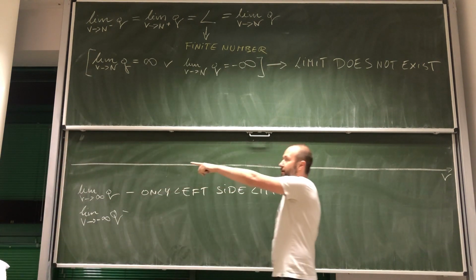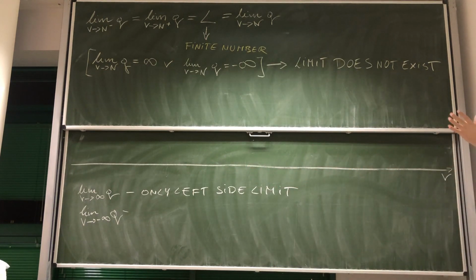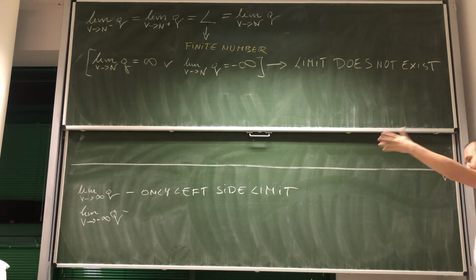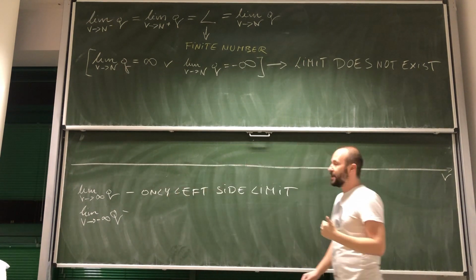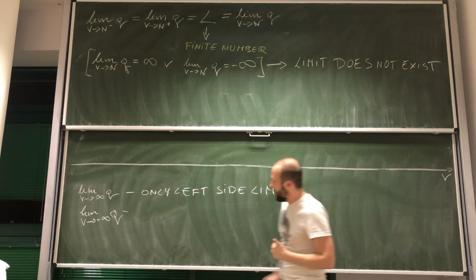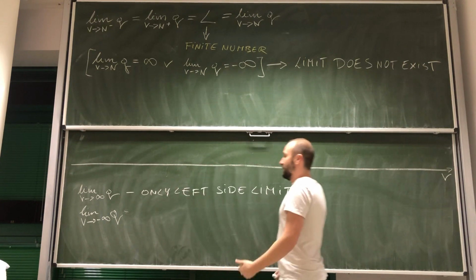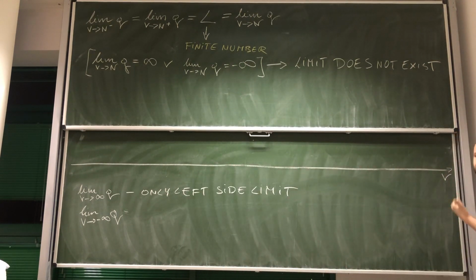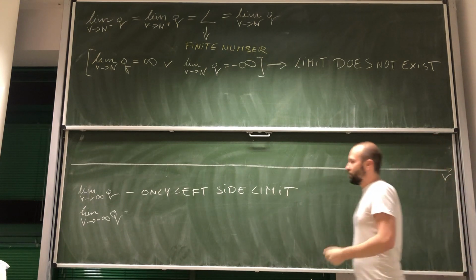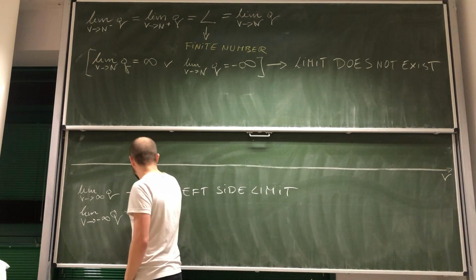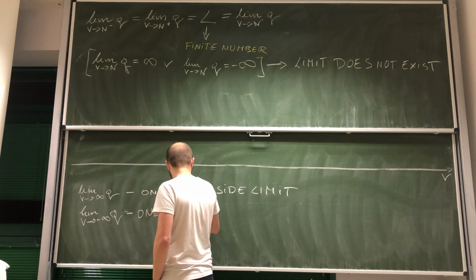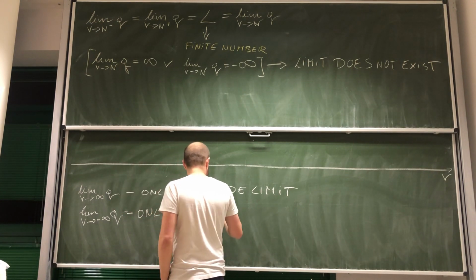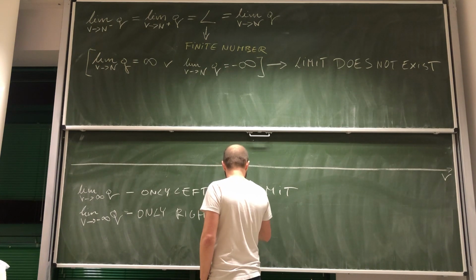Somewhere there. How far? We don't know. Probably very far away. Can I approach negative infinity from the left-hand side? No, I can't. So in this case, we will have only the right side limit.